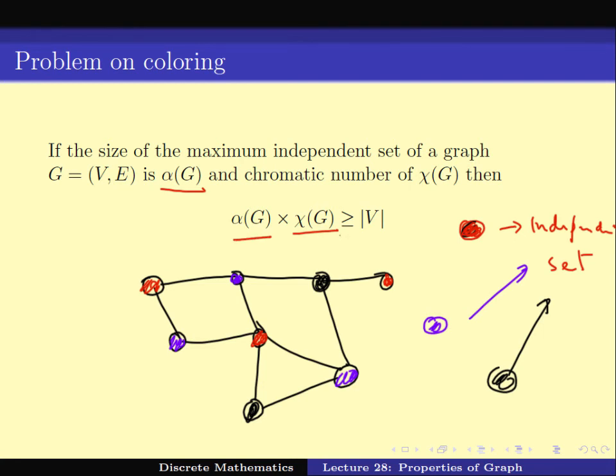Therefore alpha g times the chromatic number is greater than or equal to the number of vertices. So here is another property of graphs that can be solved not using induction but just by plain definition.